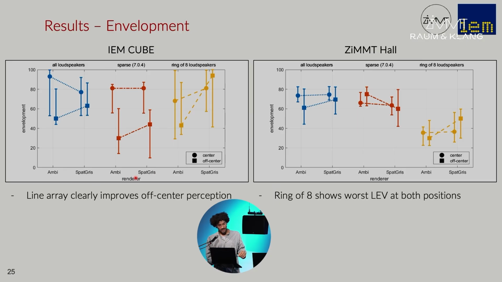The layouts at the IM cube showed the worst performance for the sparse one, and for the line arrays we could see the best performance. Again, this is because we have a better loudness balance, which is compromised for the point source loudspeakers. That again shows that the line arrays quite increase the perceived listening area.